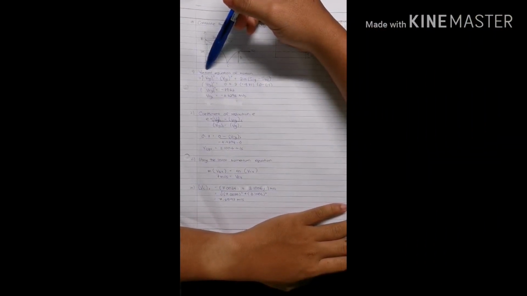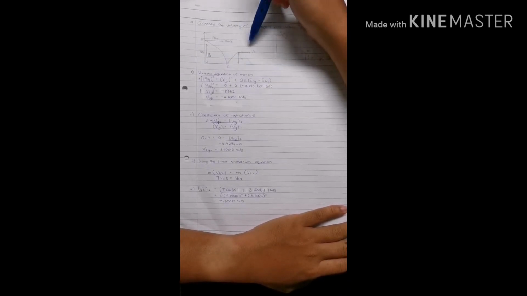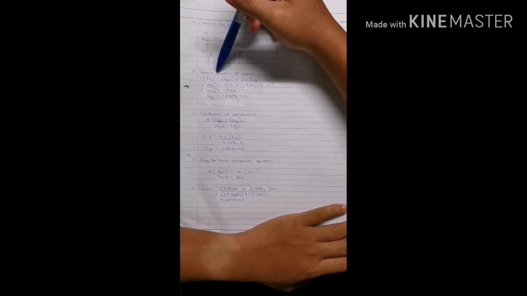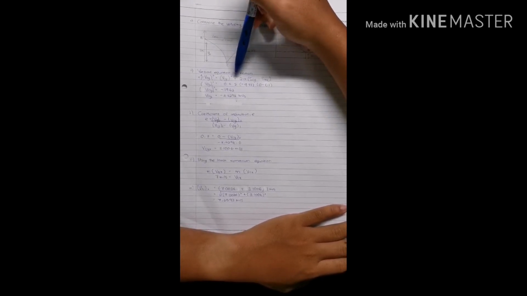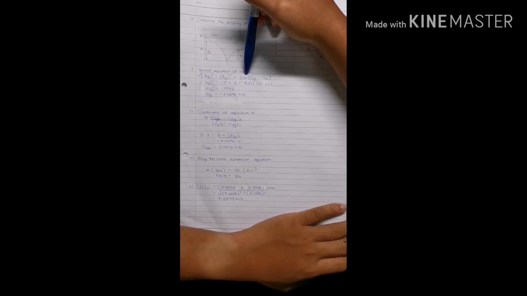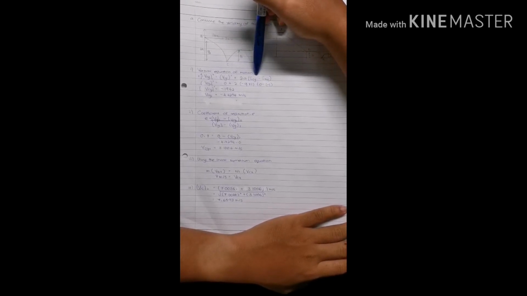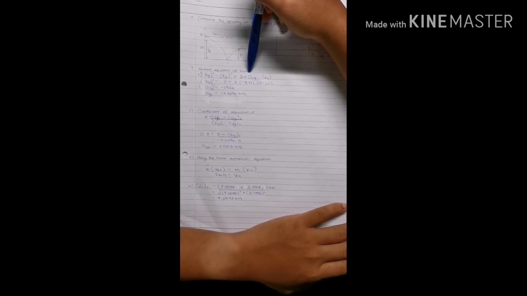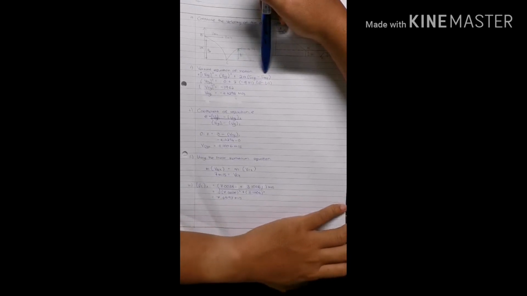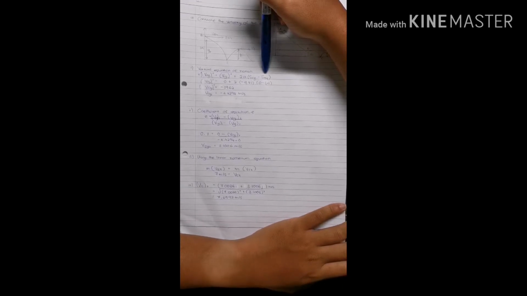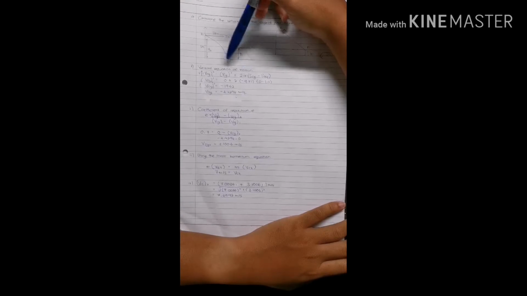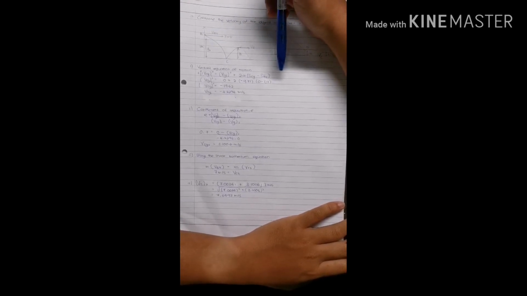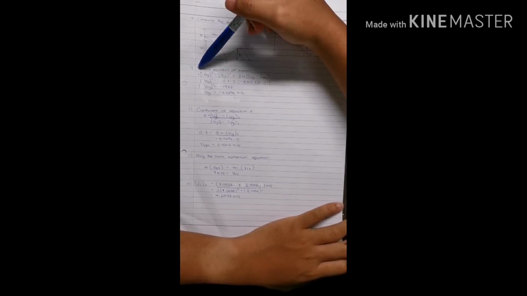Firstly, we have to find the vertical equation of motion. VCY1 squared equal to V1Y squared plus 2A multiplied by SCY minus SPY. SCY is the initial height. SPY is the final height. Y is negative 1 because the object moves opposite the direction of our assumption.